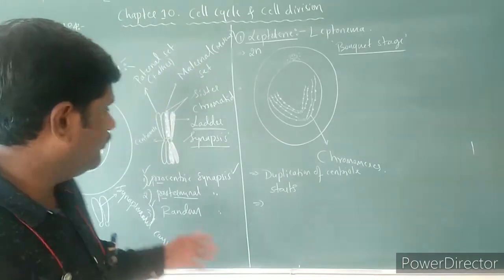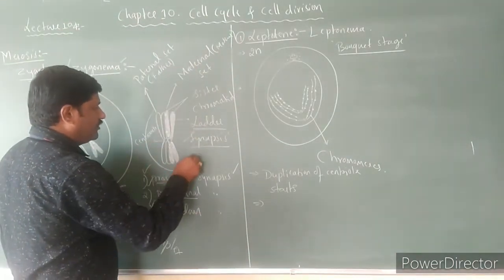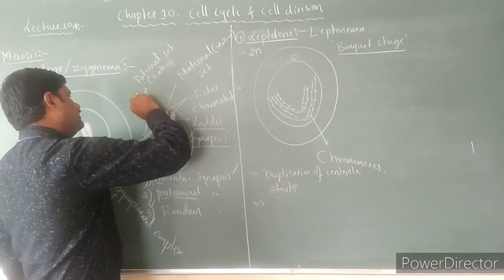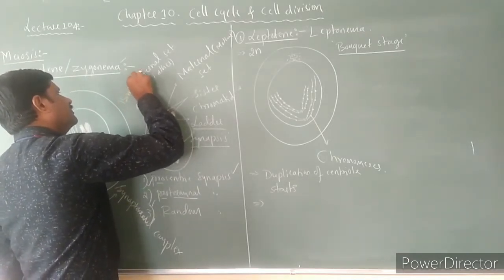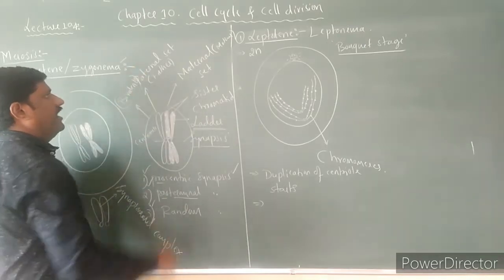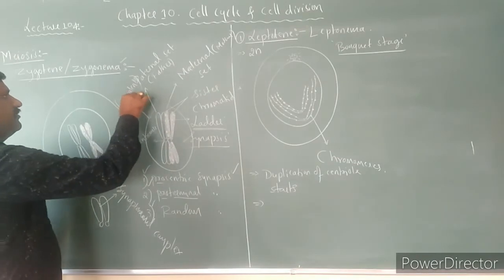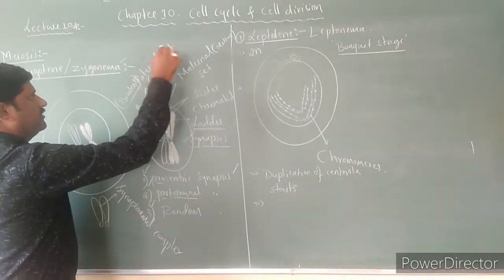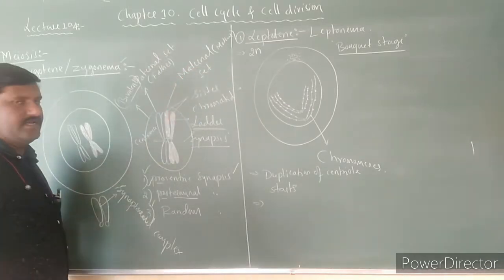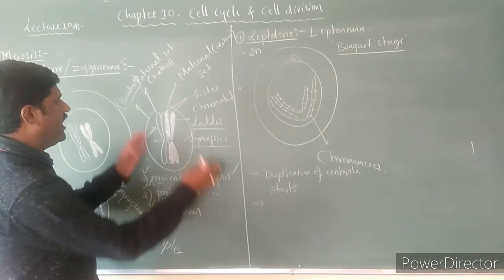Whenever the chromosomes attach to each other, these chromosomes are together called bivalents. Whenever you see bivalents, there are two homologous chromosomes, one from the paternal set and one from the maternal set, which are similar in structure, and they overlap on each other.